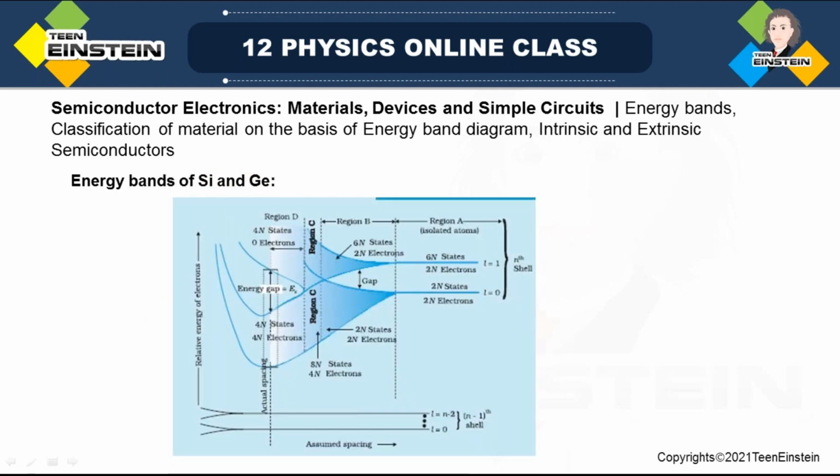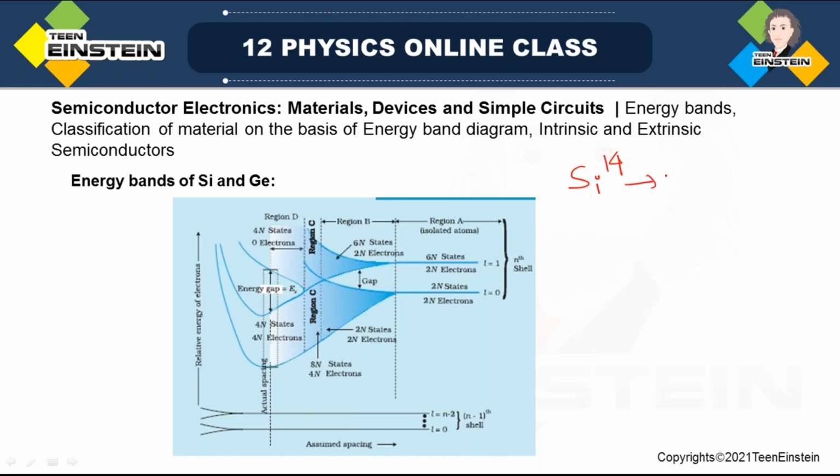We'll see here. This is a very technical energy band diagram. This looks very horrible, and maybe you might be thinking it is very complicated, but as we discuss, you will understand. So what we will do, we have silicon and germanium. We know silicon, how many electrons do they have?